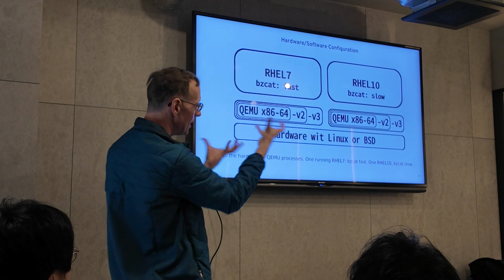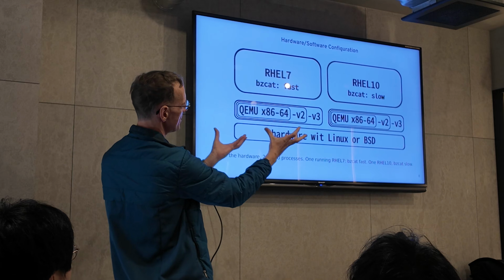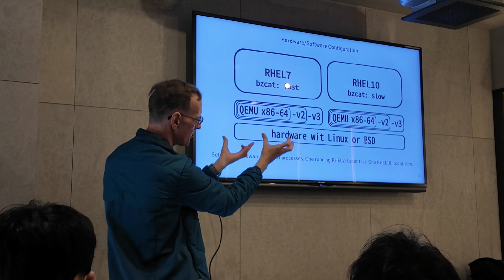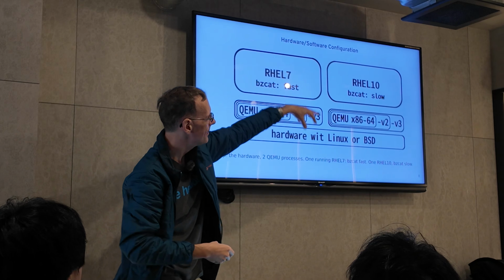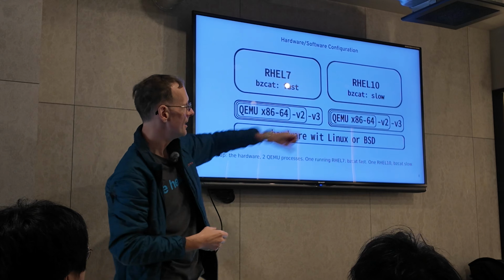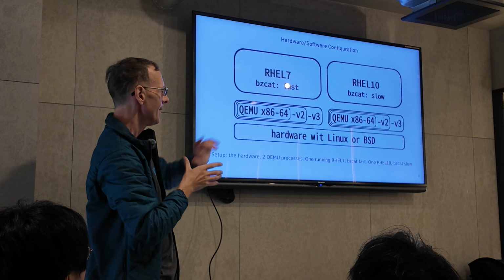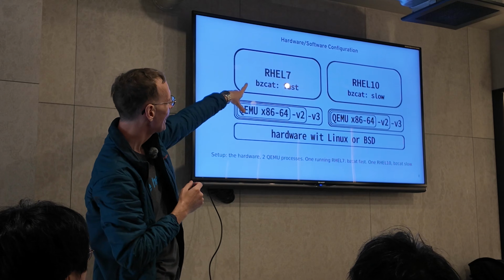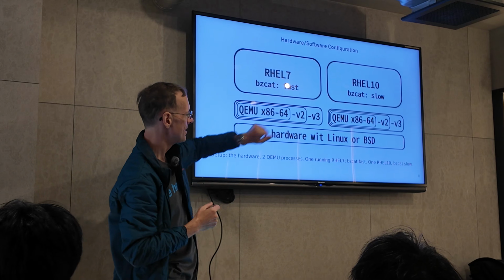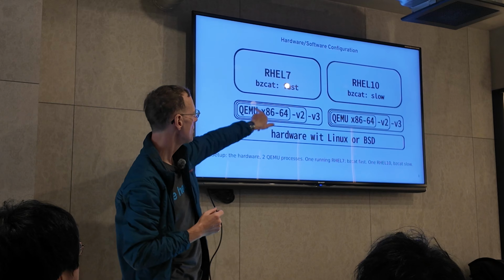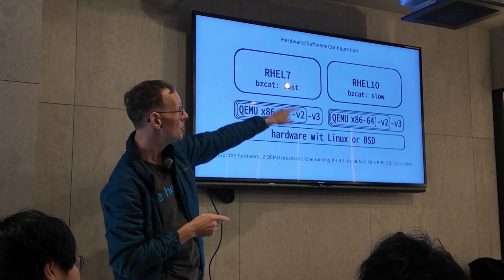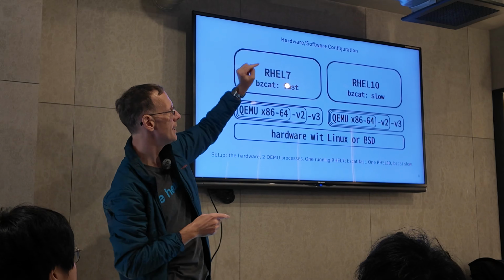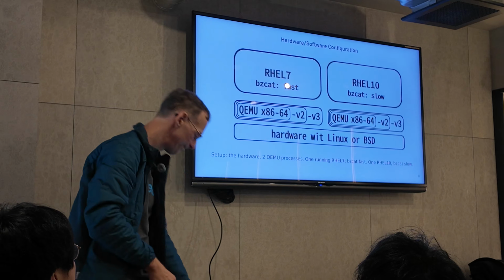So basically QEMU is really offering both the same system, the same hardware, so to say, and then we drop a RHEL 7 inside here and then RHEL 10 inside here. By the way, RHEL 7 was okay just with this. RHEL 7 is running on a plain x86-64. RHEL 10, not. RHEL 10 is requiring -V3.